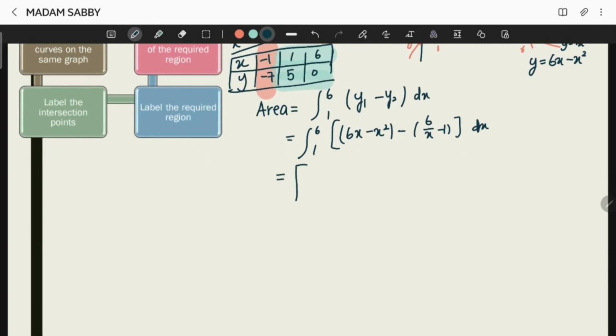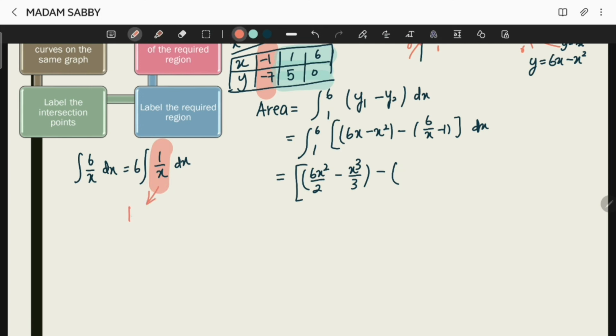So we're going to integrate the equation. Integrating 6x, it becomes 6x squared over 2 minus x cubed over 3. Minus, integrating 6 over x is equivalent to integrating 6 times 1 over x dx, and integrating 1 over x is a ln function, so you will get 6 ln x.